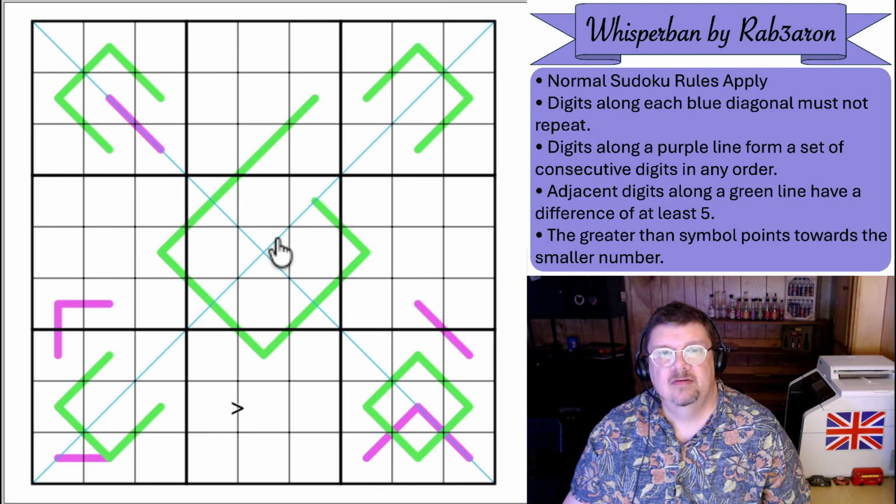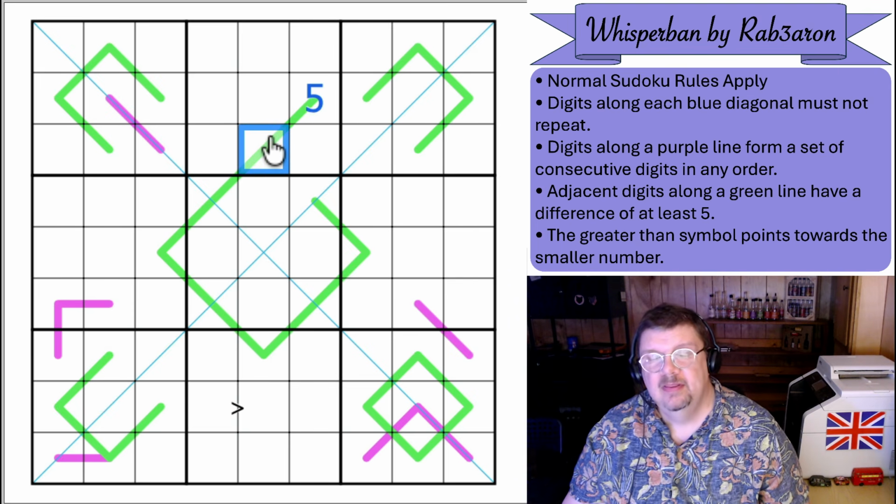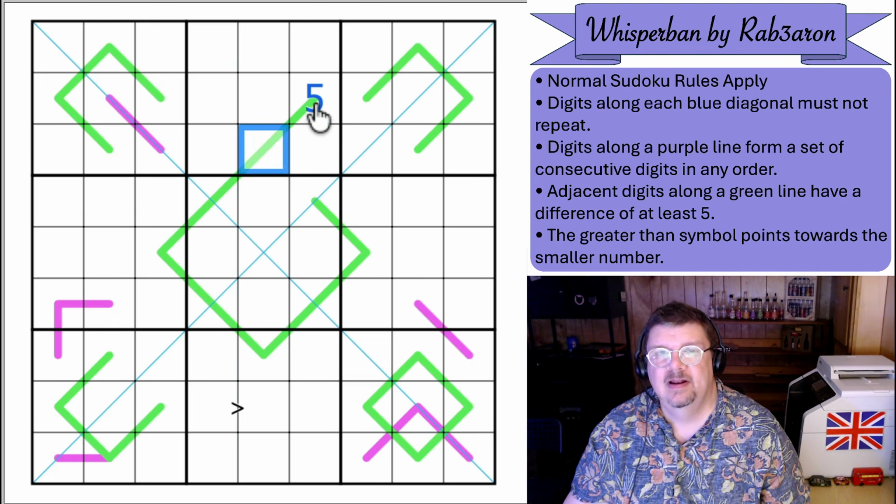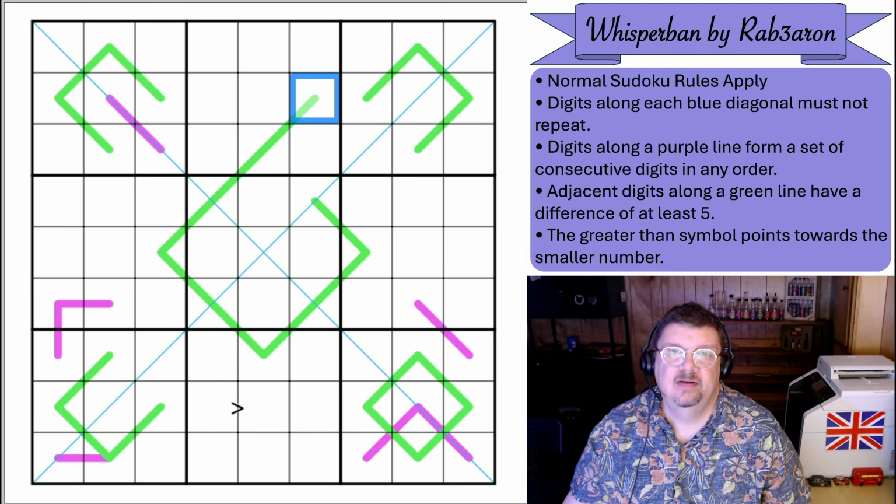First of all, secrets about German Whisper lines. I cannot place a 5 on a German Whisper, because if I placed a 5 on a German Whisper, the next digit would have to be 0 or less or 10 or more, and they aren't valid Sudoku digits. So that means I'm going to divide the digits 1 to 9 into 2 groups, above 5 and below 5.